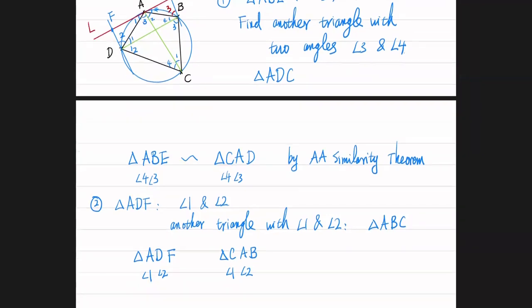Again, these two triangles have a pair of equal angles, so they are similar by the same AA similarity theorem.